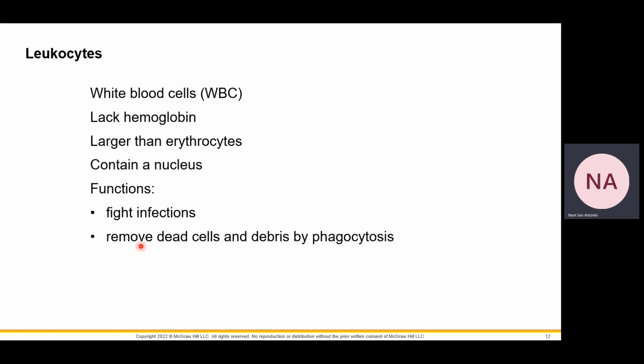That is why, in cases of systemic infections, when you undergo complete blood count, most of the time there is an elevated white blood cell count. It's a sign of infection kapag elevated ang white blood cell count mo.